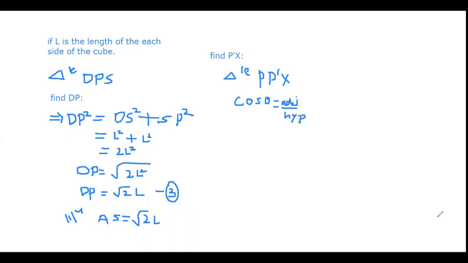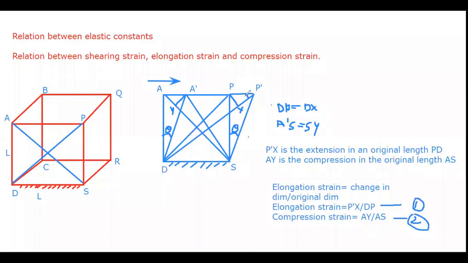I will show you in the figure. This is the angle theta and the adjacent is A. This is adjacent, this is the hypotenuse, and this is the opposite.